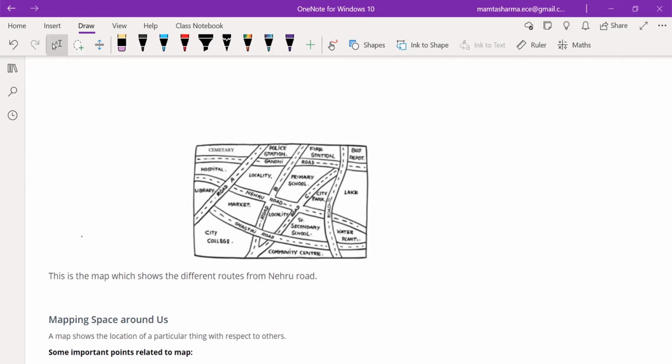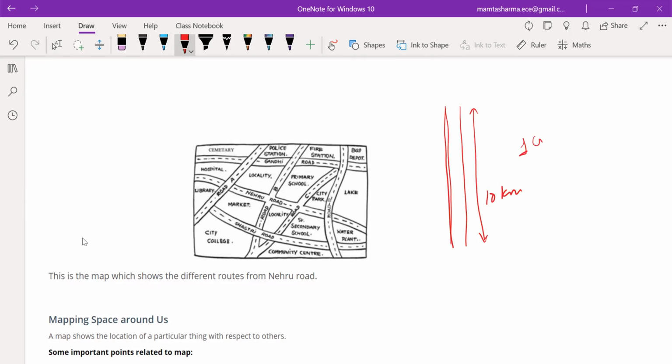Suppose there is one road of 10 kilometers. To show this road on the map, they will show it in a centimeter. They will fix one scale and mention it like 1 centimeter equal to 10 kilometers.